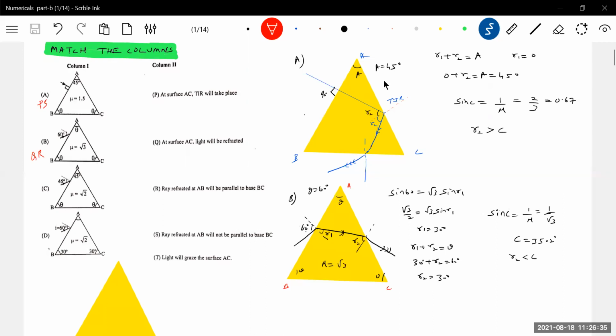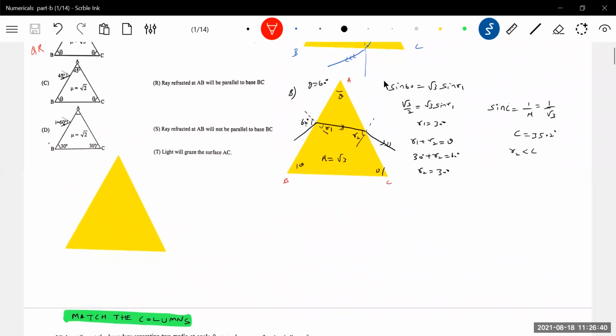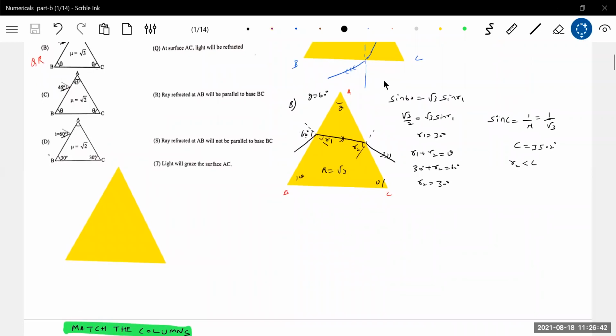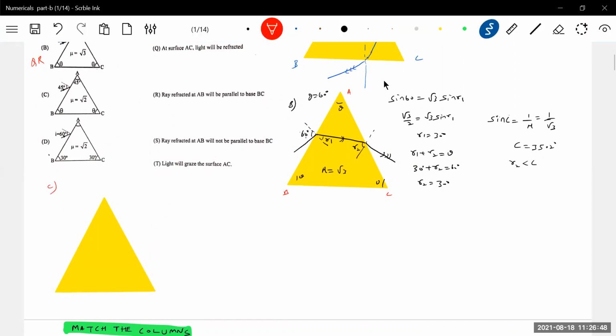Next, option C. We'll do the things below here. 45 degrees, 45 degrees. Mu equals √2. This angle is 45 degrees, the angle of prism.